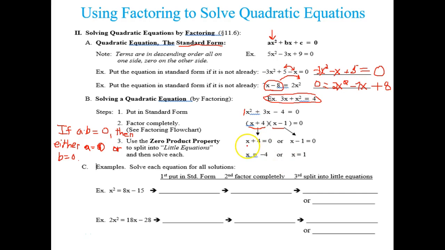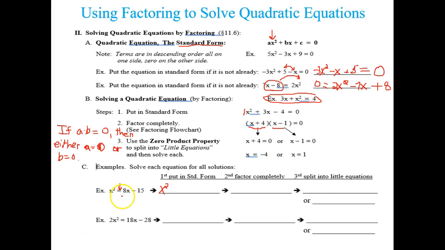All right, so let's look at another example here. If we have x squared equals 8x minus 15, that's not in standard form, obviously. So I want to put it in standard form. I'm going to start off with x squared, and I've got to move that 8x. See, I've got an 8x, but it's on the right side of the equal sign. Here's your equal sign right here.